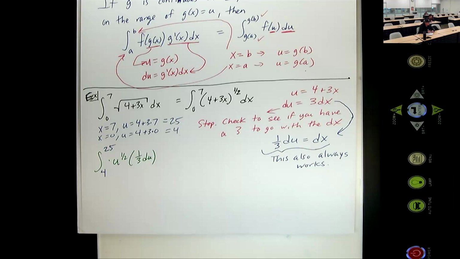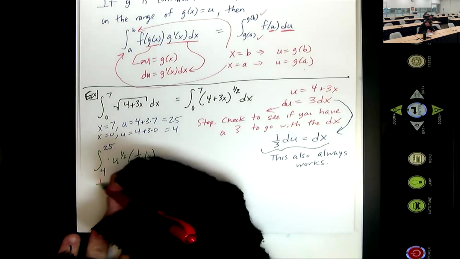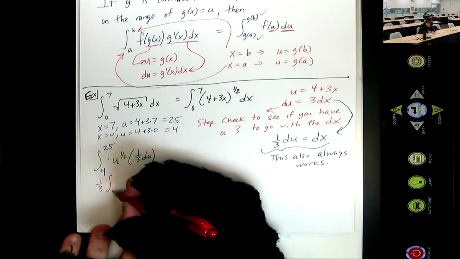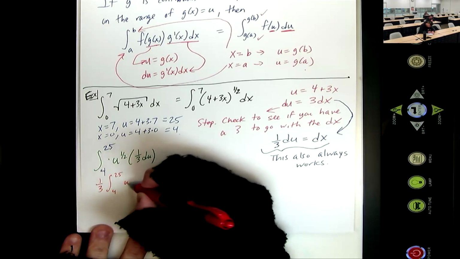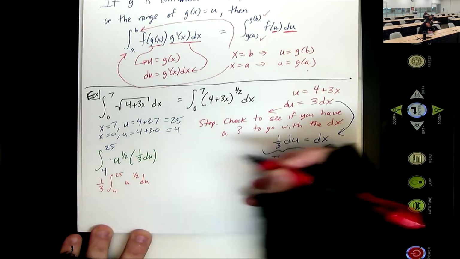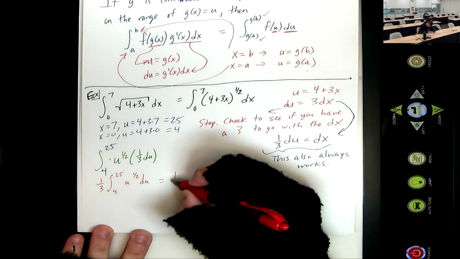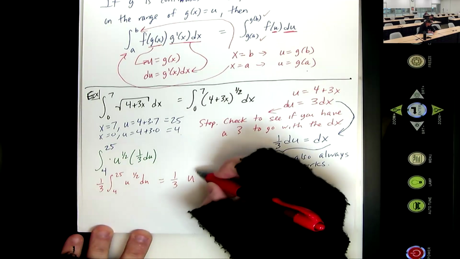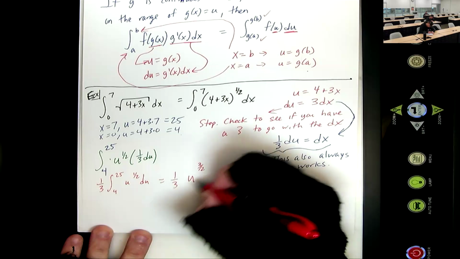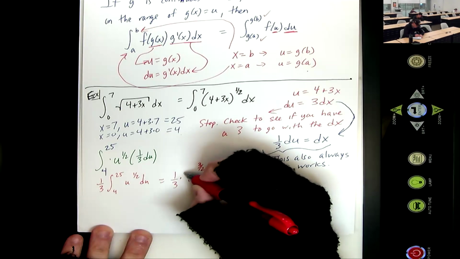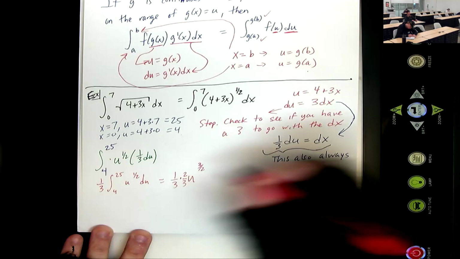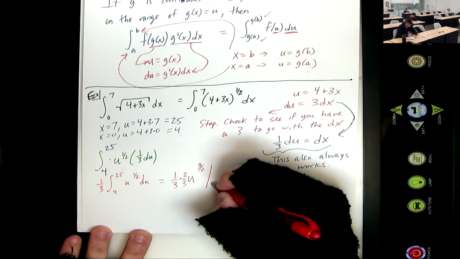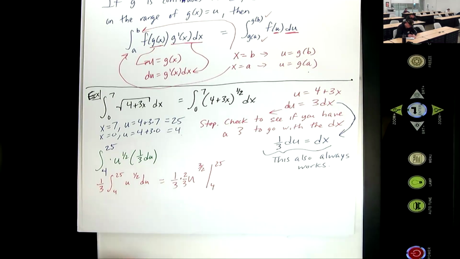Well, I can move the 1/3 out front. And if I integrate, I go up a power and divide by the power or multiply by the reciprocal. And I'm going from 4 to 25.